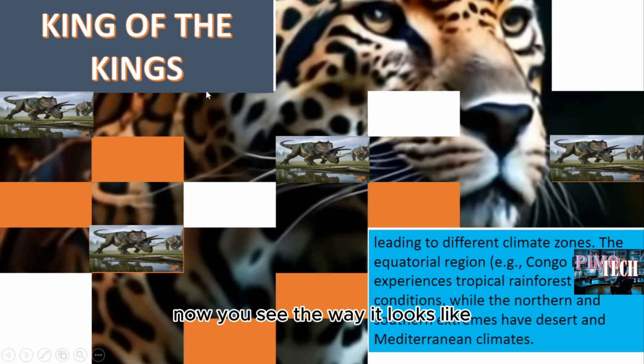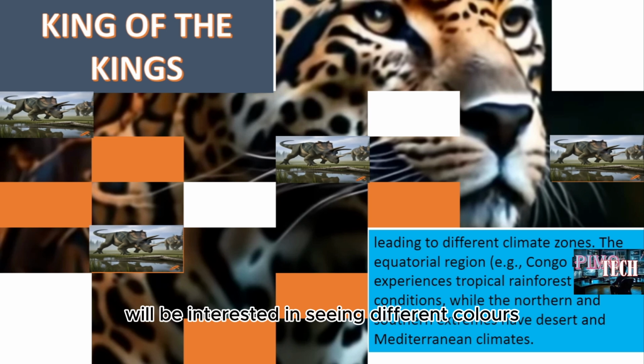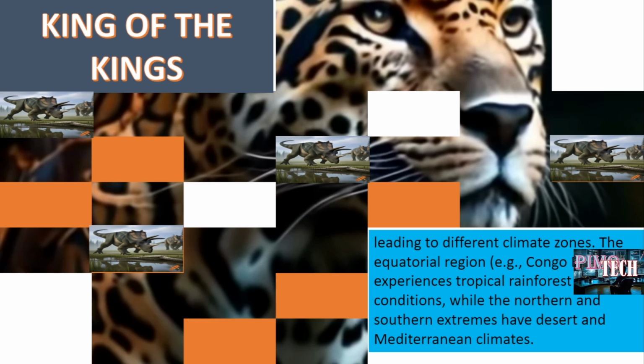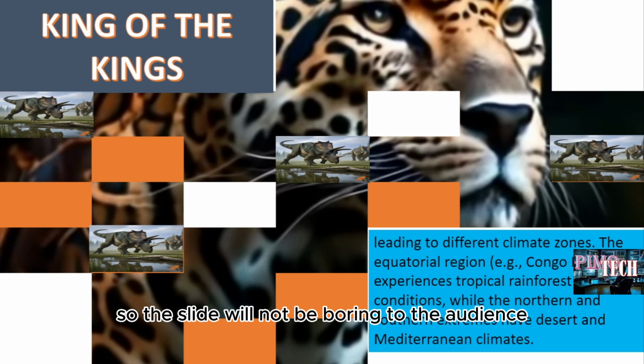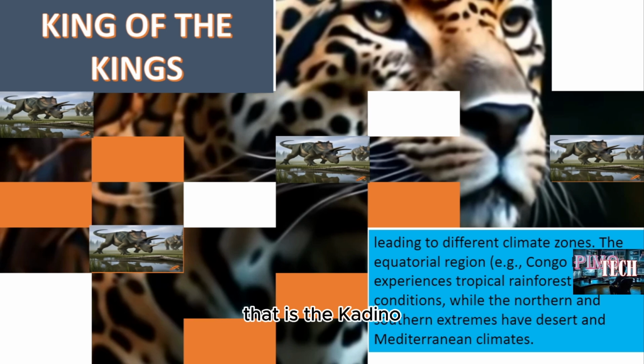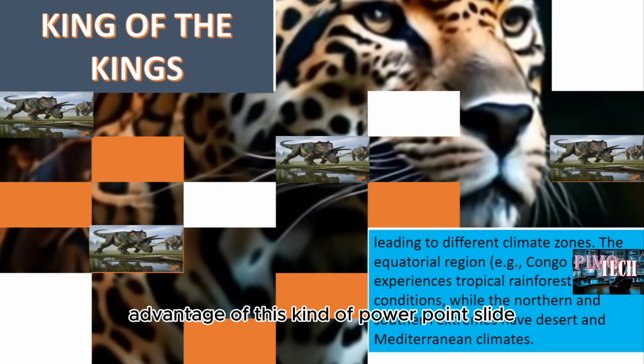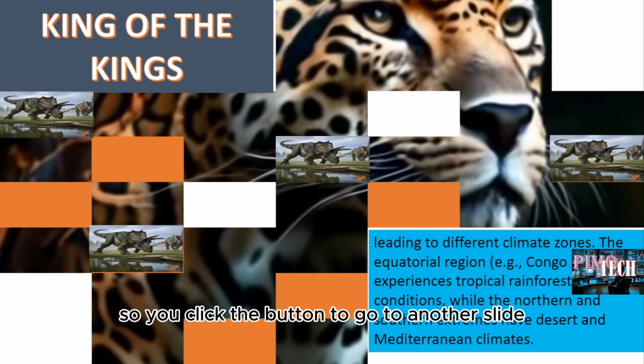Now you see the way it looks when you are presenting. The audience you are presenting to will be interested in seeing different colors, different images. So the slide will not be boring to the audience. That is the cardinal advantage of this kind of PowerPoint slide. So you click the button to go to another slide.